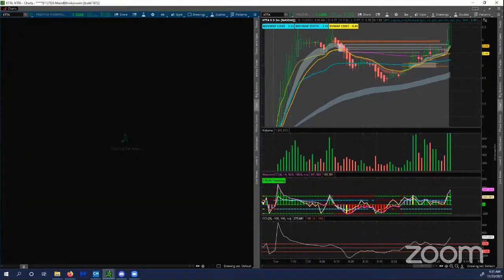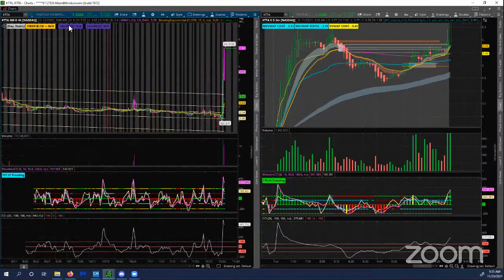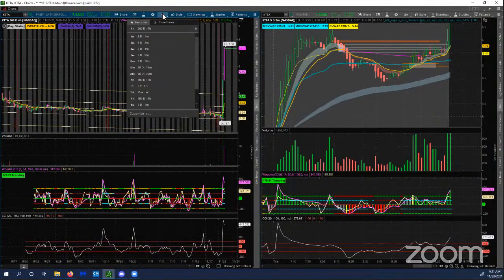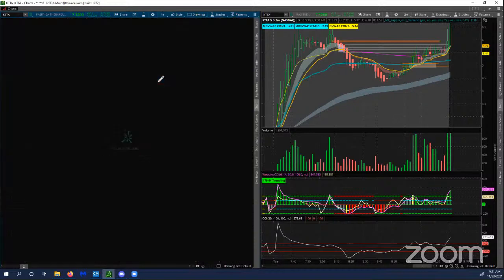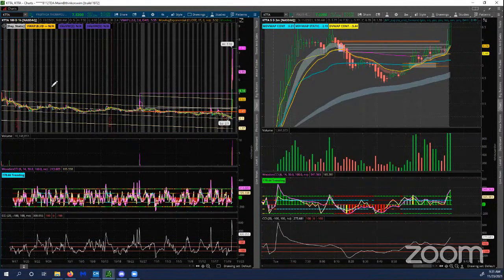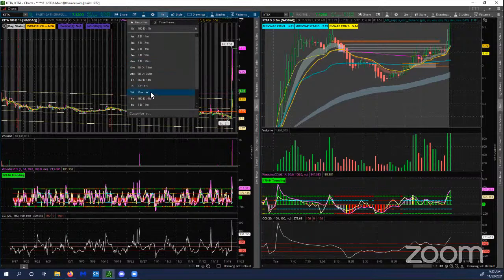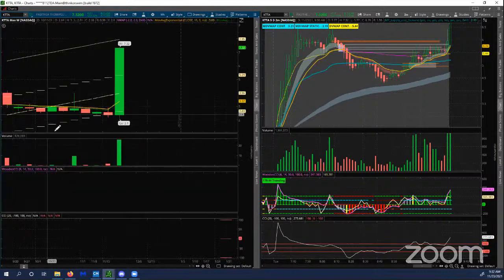XL, by the way. We've got that 558 area marked out, so we'll see if we can hammer inside of that area. KTDA, this is the highest it's ever been, so it's a recent IPO.